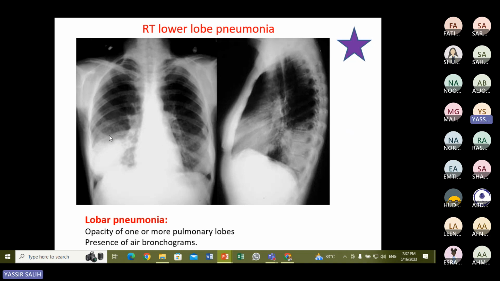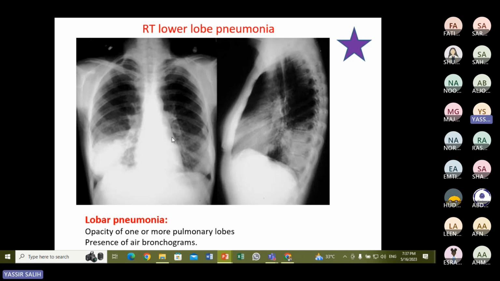What lobe is most likely involved with this lesion? Right lower. Yes, right lower. If it is obliterating the left hemidiaphragm, it will be left lower. If it is obliterating the right cardiac border, right middle lobe. We did not tell you the others, only these three, but the lingula also obliterates the left cardiac border.